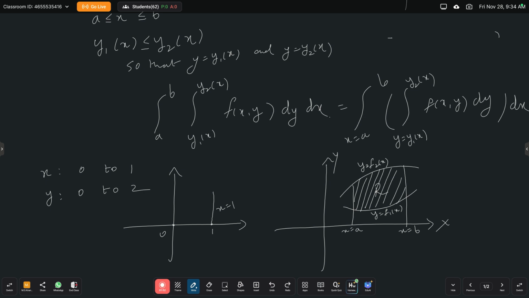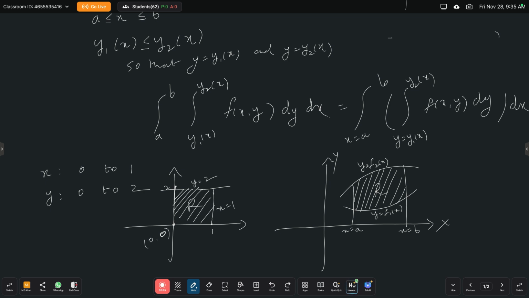If you draw any ordinate to the x, that must be parallel to the y axis. Then same, y is equal to 0 to 2, y is equal to 0 because this is the origin, so x 0, y 0. Again we can draw the ordinate at y equal to 2. So this is our required region to find the integration.